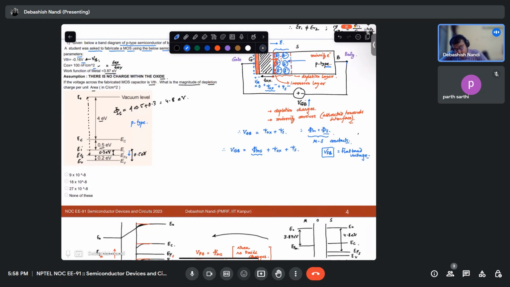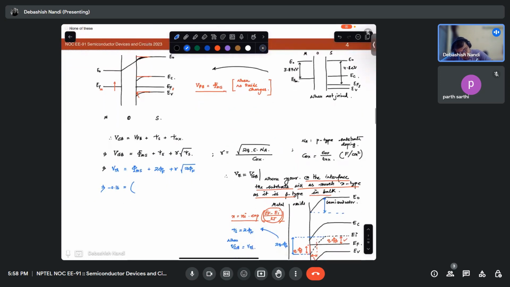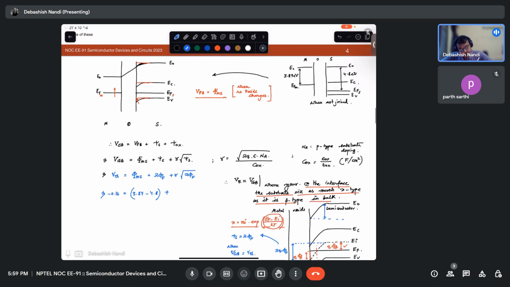VTH given is minus 0.16. And what is phi ms? Phi m was 3.87 minus, this is my 4.8, plus, what was my phi f?